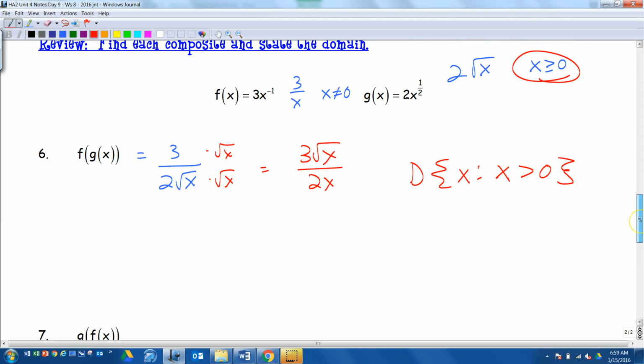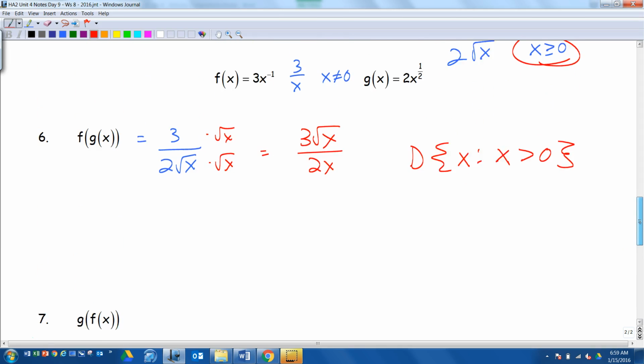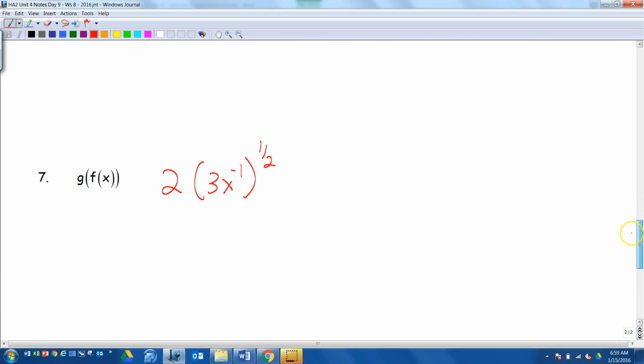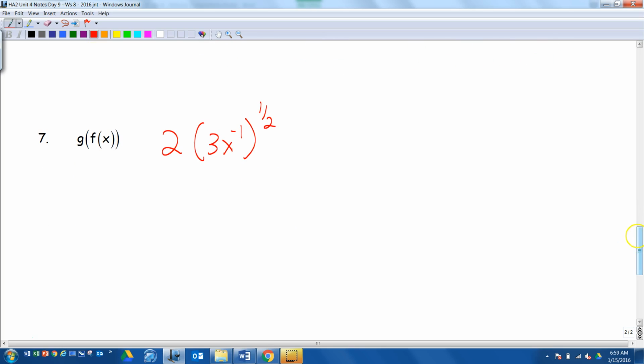And if we go backwards, and we do 2x to the negative 1/2, I'll do it this way. There's a lot of different ways you can do it. I'm working with powers here. This becomes 2 times 3 to the 1/2 times x to the negative 1/2. So that stays up. So I'm going to write it now in terms of radicals.